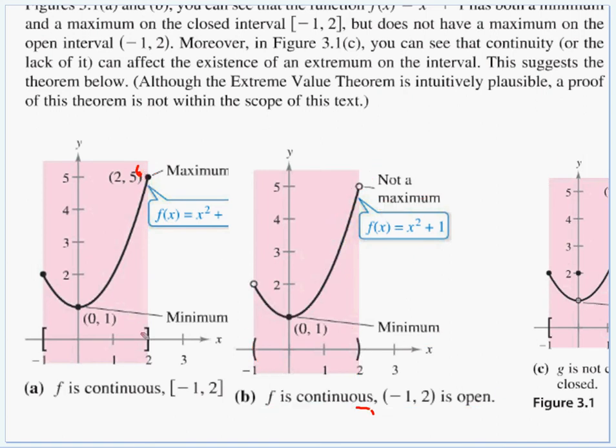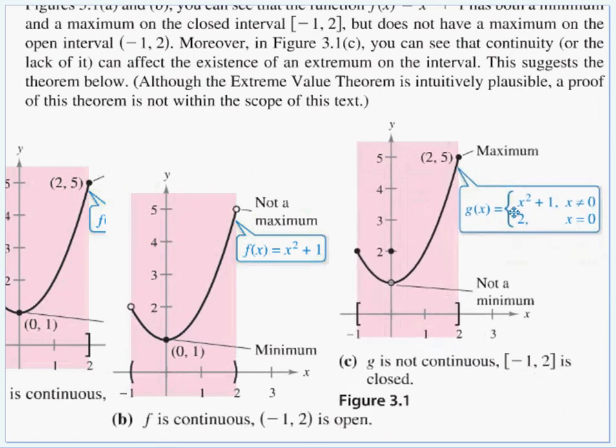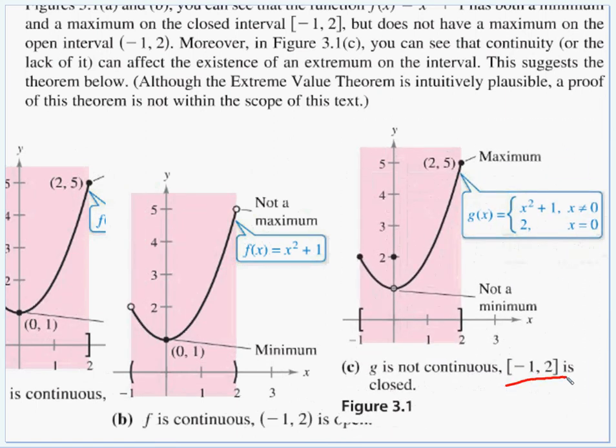The last scenario, notice now we're back to a closed interval, but our function is no longer continuous. If we look at the graph, we actually have a hole right there at the bottom of our parabola. So if we look at the max, we do have a maximum again. Because this point is plugged in, we have our max, it's equal to 5.